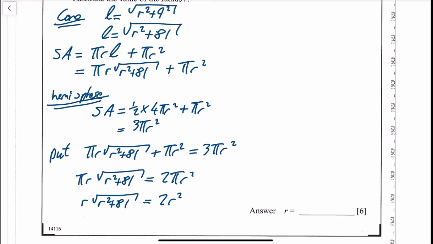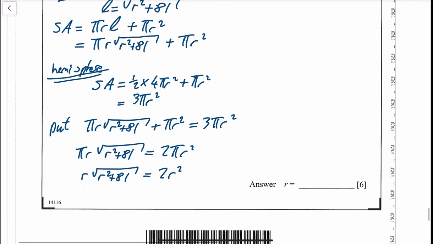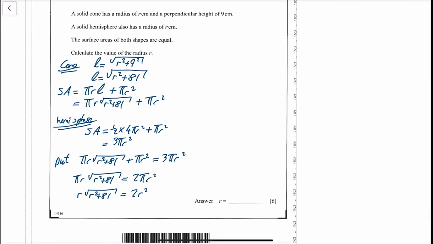And then what could we do then? We could square both sides to get rid of the square root. So if we do that, you're going to get r squared times r squared plus 81 is equal to, square the right hand side, what are you going to get?